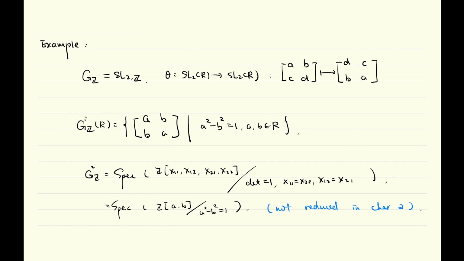Very simple. Now you already see trouble. This is not going to be a reduced scheme in characteristic 2 because we have a nilpotent element. In characteristic 2, this relation becomes A plus B plus 1 equals 0. Because we're in characteristic 2, this is the same as A squared plus B squared plus 1 equals 0.